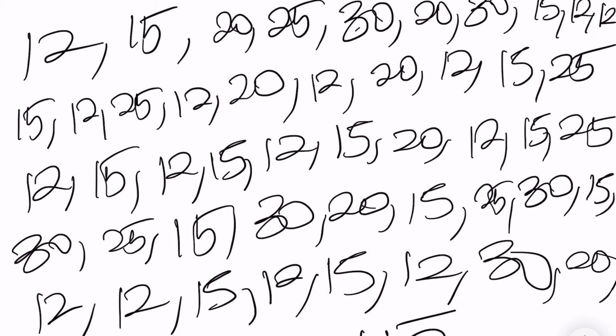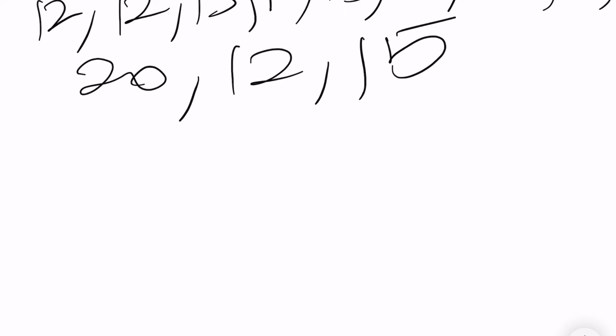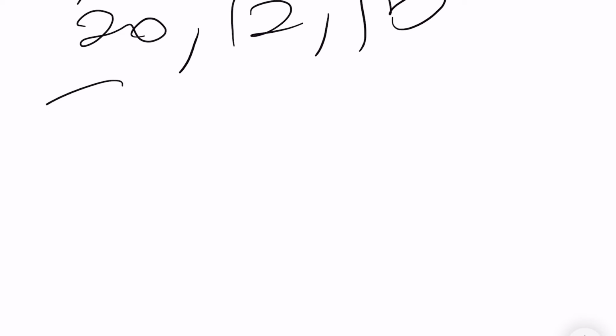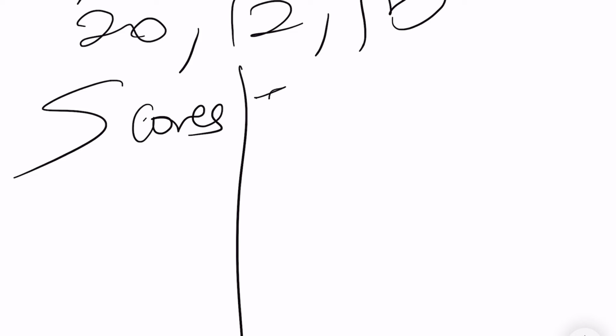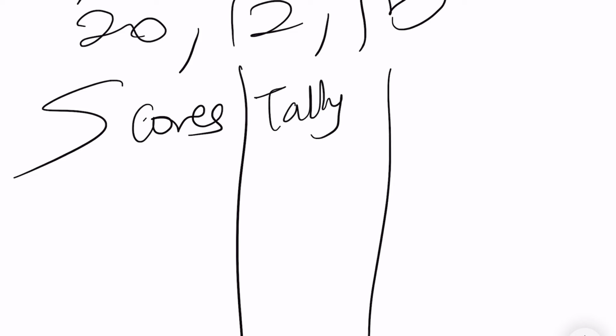Now we have to prepare a frequency table. A frequency table usually has 3 different columns: the scores, which are the events in the given data, the tally, and the frequency itself. So in our table, we have scores, tally, and frequency.